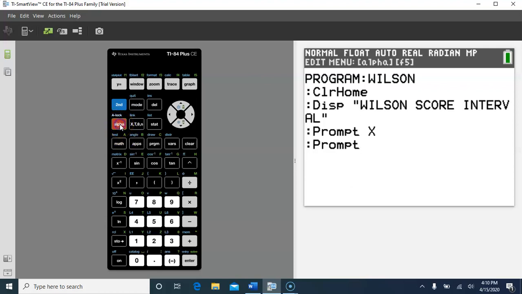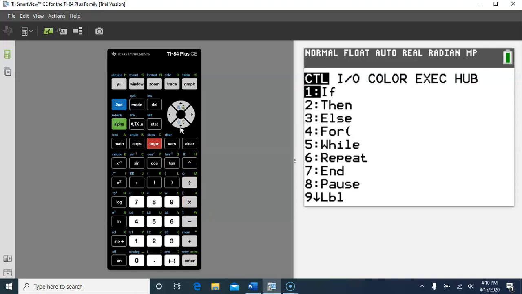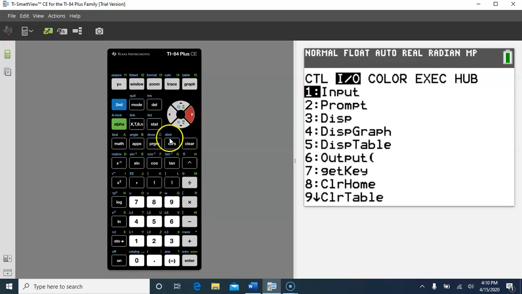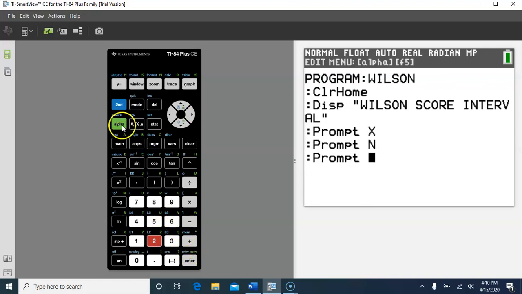So I'm going to do alpha and the letter n, which is attached to the log key. Enter. And then we're going to ask the user for a confidence level C. So prompt, program button, IO menu, item 2 is prompt, and then I'm going to do alpha C. So we're asking for a confidence level C.